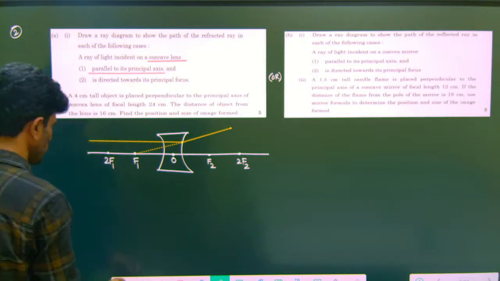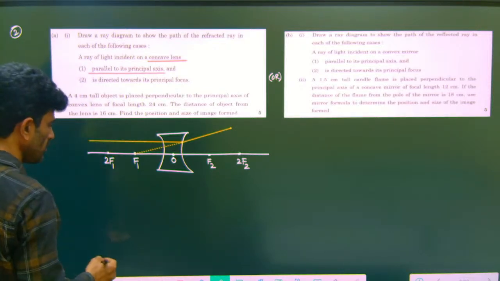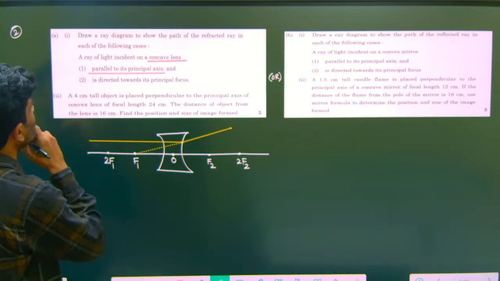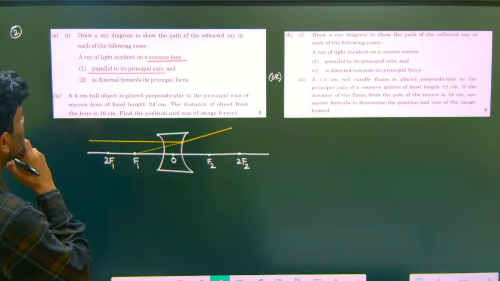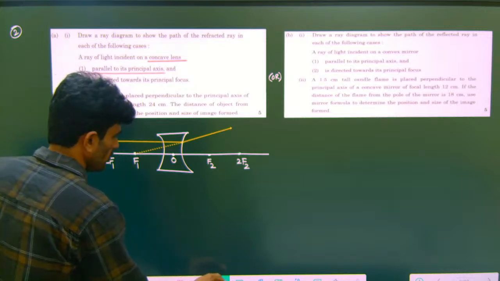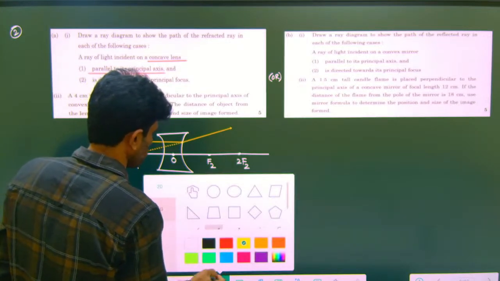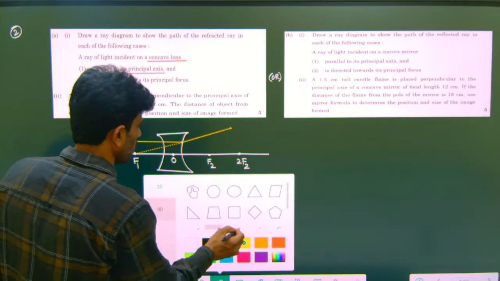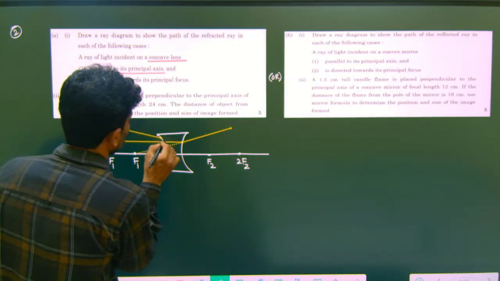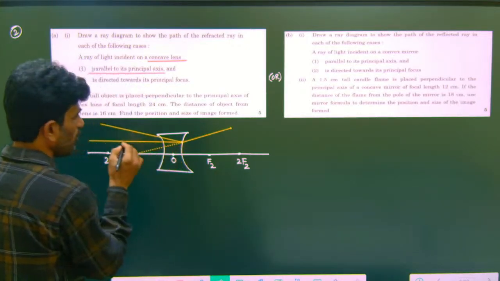First question answer. Similarly, second question answer, same way. You have to draw one more time. But there, it is directed towards its principal focus. So, your ray will be there like this. This is the second one.